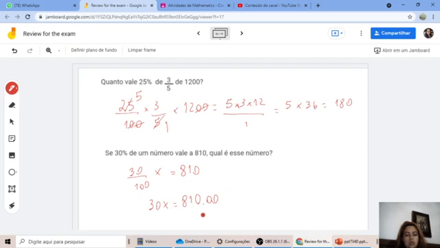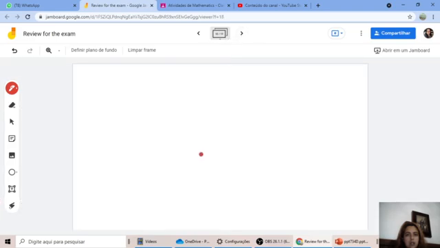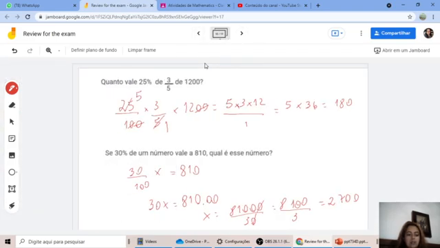So x is equal to 81,000 divided by 30. I can simplify by 0. I have 8,100 divided by 3. This can be simplified by 3. It's gonna be 27. Okay, so this number is 2,700, right? And that's it. Thanks.